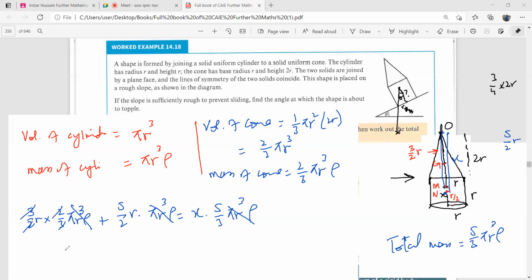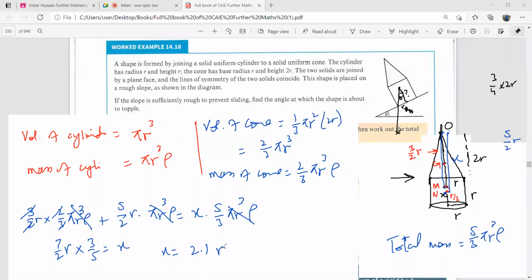So we have r plus 5 over 2 r, that is going to be 7 over 2 r. Yes, 7 over 2 r times 3 over 5. That is your x, so this is going to be 21 over 10. So x is going to be 2.1 r. Is that right?